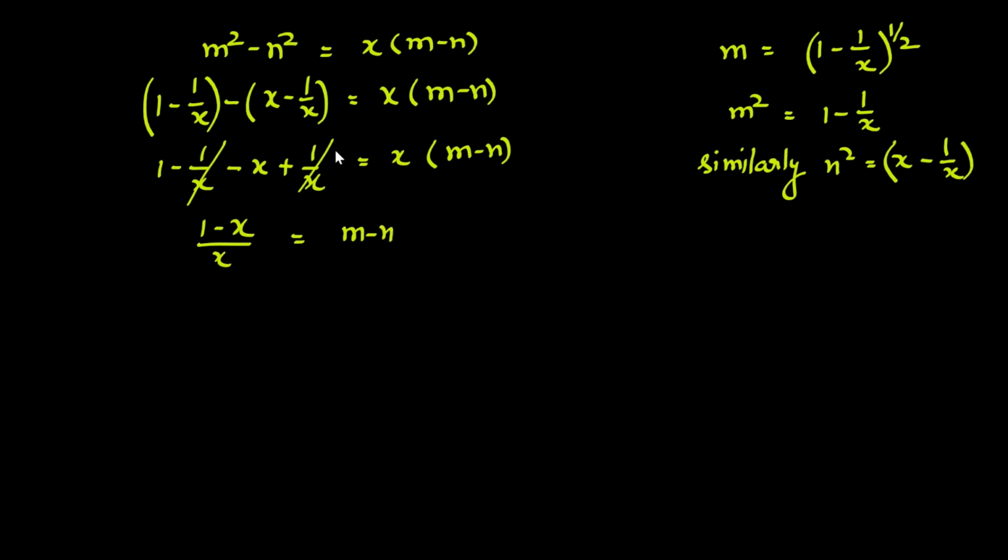So this is the relation: m − n is equal to (1 − x)/x. If we solve it further, m − n is equal to 1/x − x/x, so we can write it 1/x − 1. So this is equation number 3.